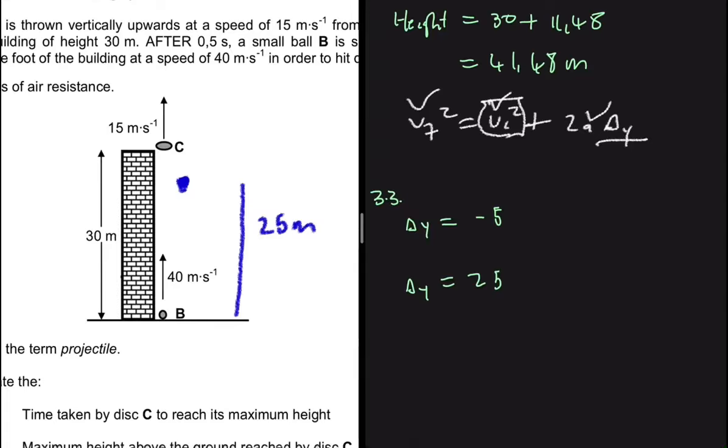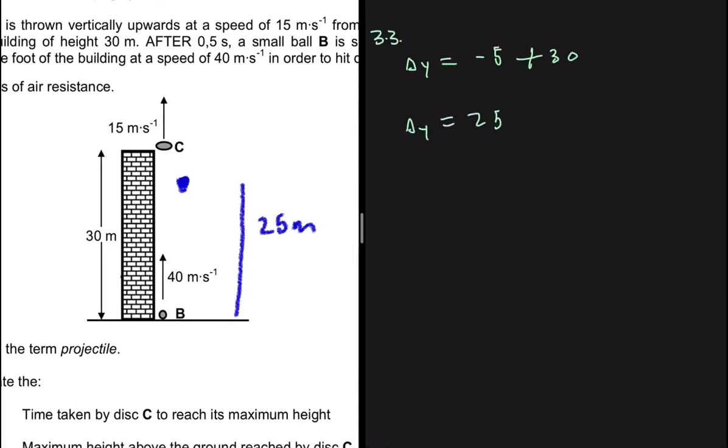But what you can do for ball C is calculate the displacement and add 30. If you add 30 to the displacement of C, then the displacement of C is going to equal the displacement of B, right? So that is what we are going to do here. Delta y is equal to VI delta T plus a half A delta T squared.